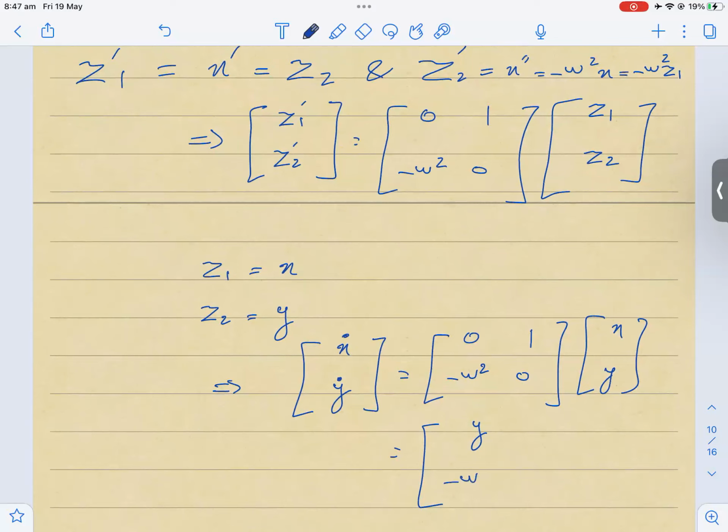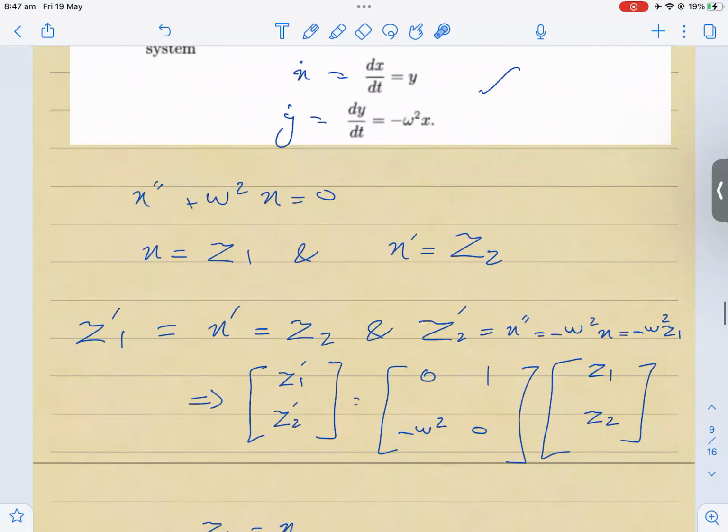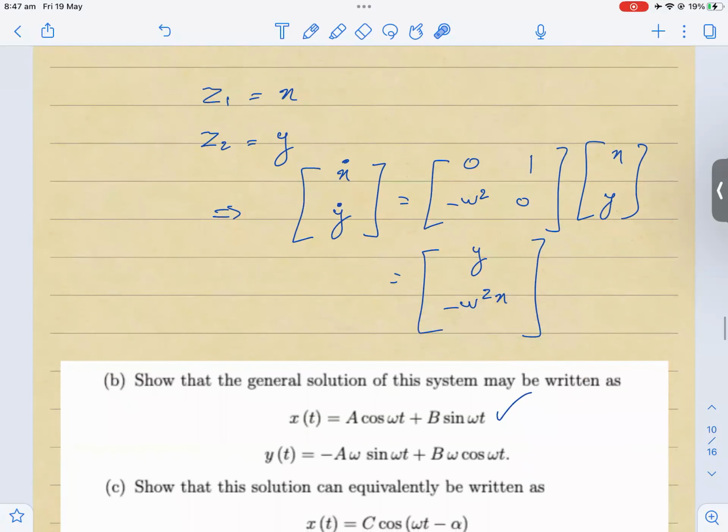Which is the same as this guy. I hope you are happy with my notation. What I did is just Math2800.